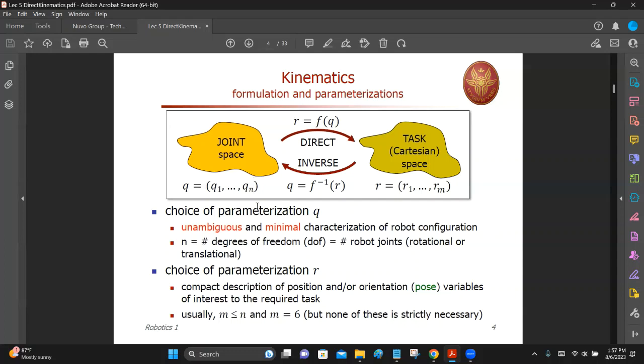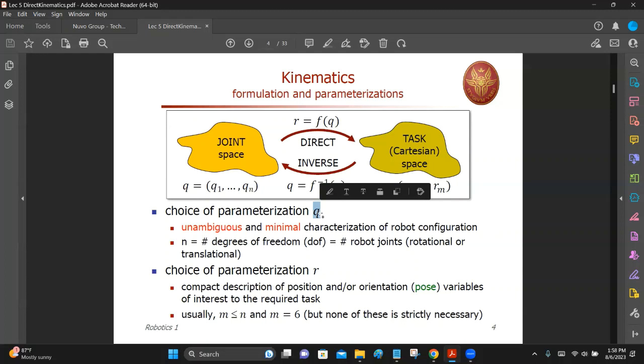Then the parameter Q is the joint angle vector. Sometimes you might wonder why not theta, because we have been using theta for angles for so many years, right? So when you hear the word angle, what comes to your mind is theta.